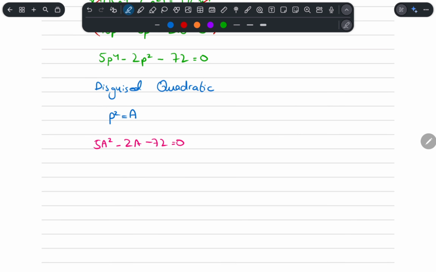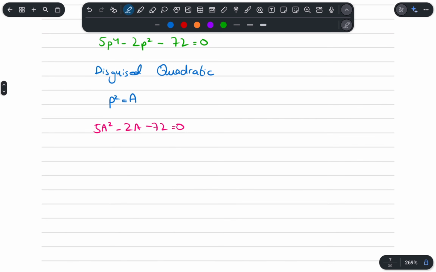Looking at the factors, 5 times 72 is 360. So what factors can we get for 360? I think minus 20 plus 18. Yes, because it's giving us minus 2a.